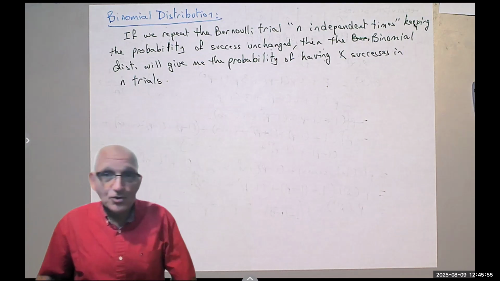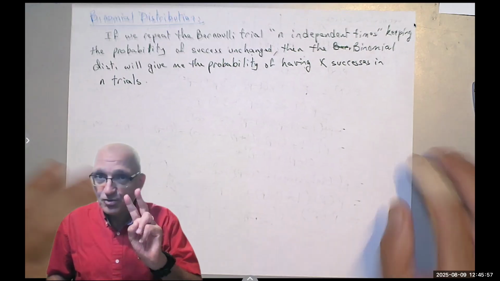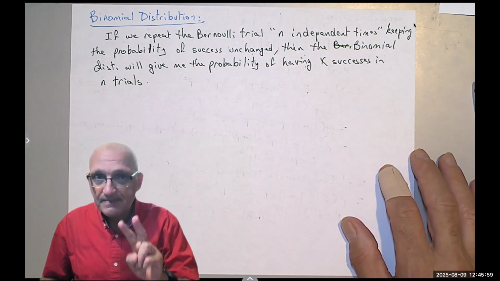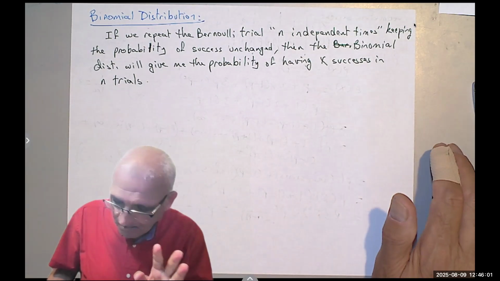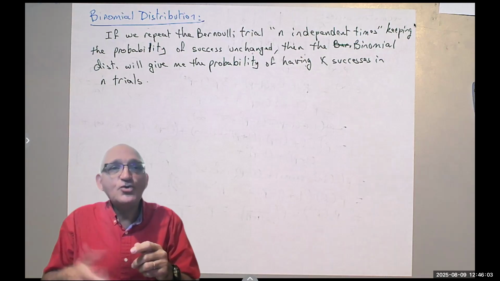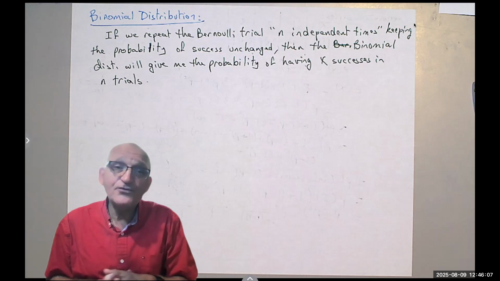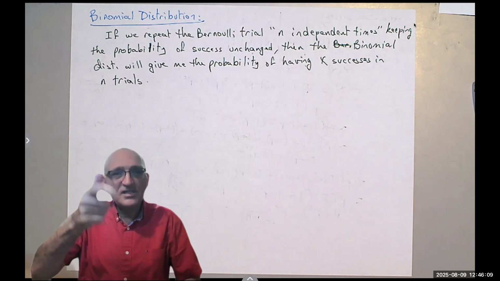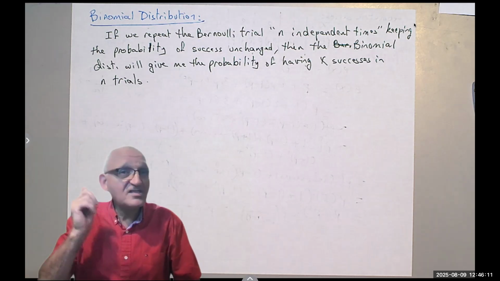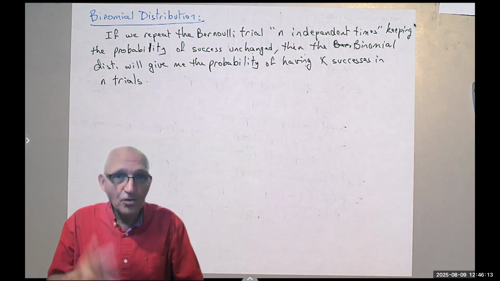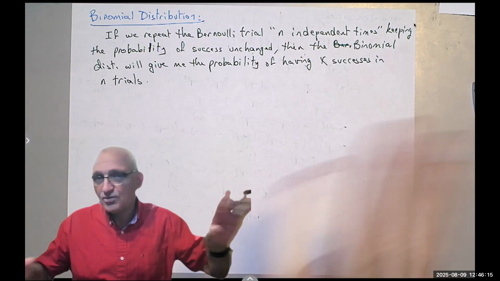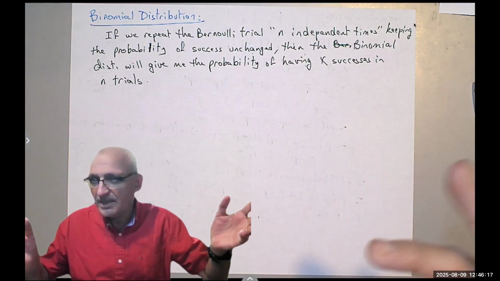Okay, the Bernoulli trial is a trial that has two possible outcomes, right? We established that. If we repeat that Bernoulli trial n independent times, what's the meaning of independent? For example, if I'm tossing a coin, I'm going to toss the same coin over and over again. I'm not going to get another coin, so maybe one of them is biased or something.